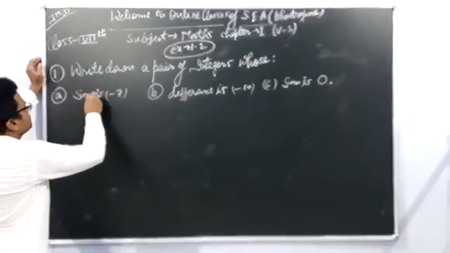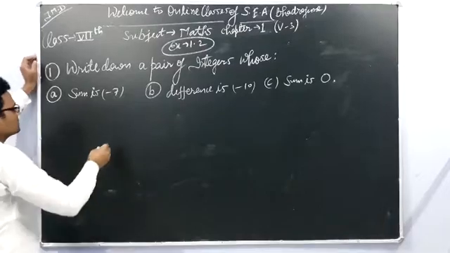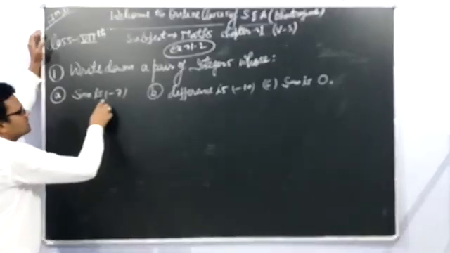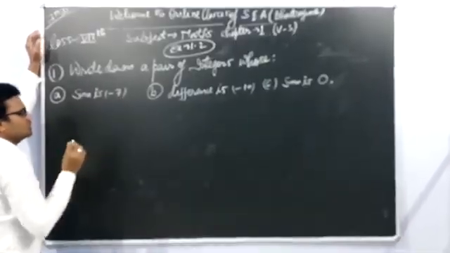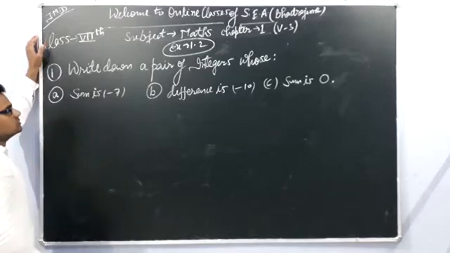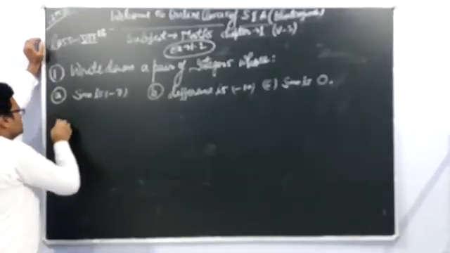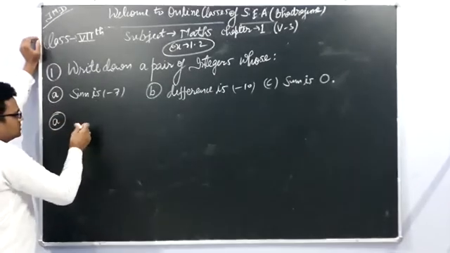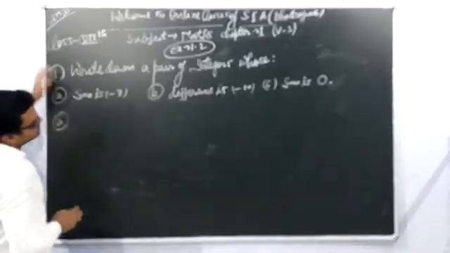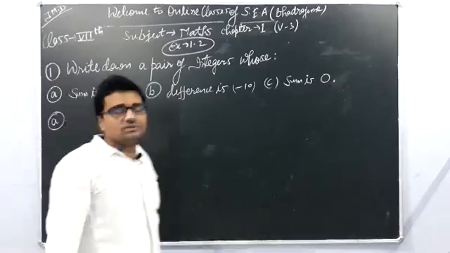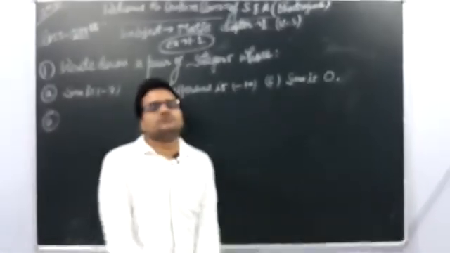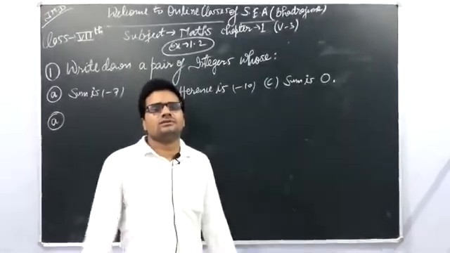Okay, so if we say that our sum is -7, this is our part A. Sum is -7 means both the integers should be negative, then only the sum will be negative.